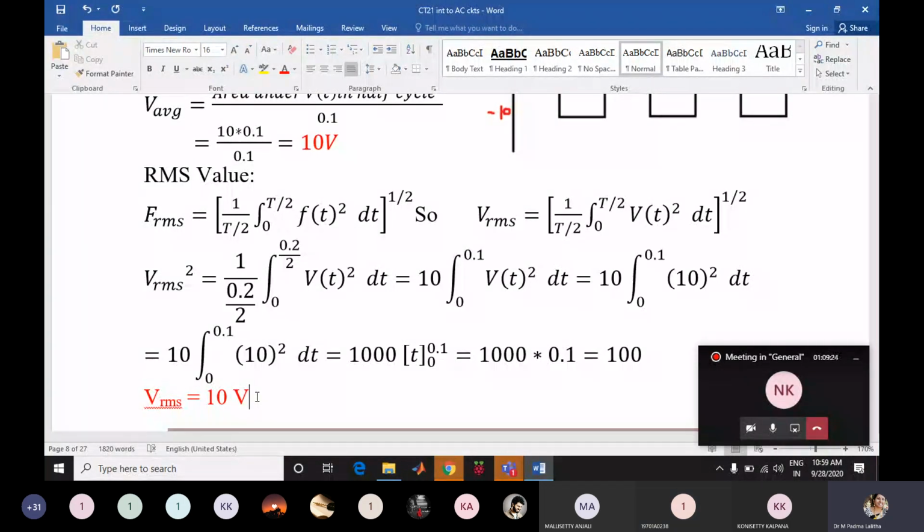You already calculated the average values and RMS values in your mathematics. What is the difference? There, instead of a waveform, a mathematical expression is directly given to you. But here, the waveform is given to us. From the waveform, we will write the expression for that function, and then we will use these formulas to calculate average and RMS value.